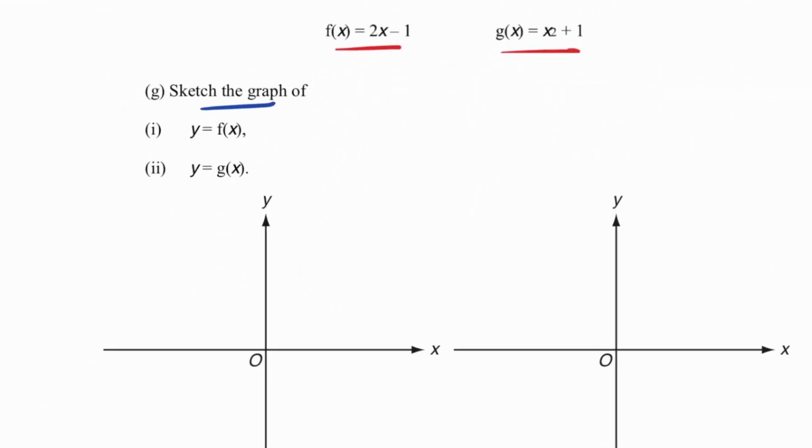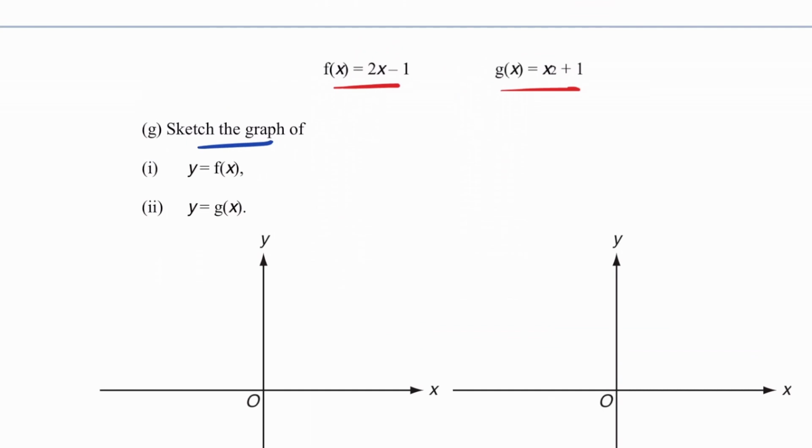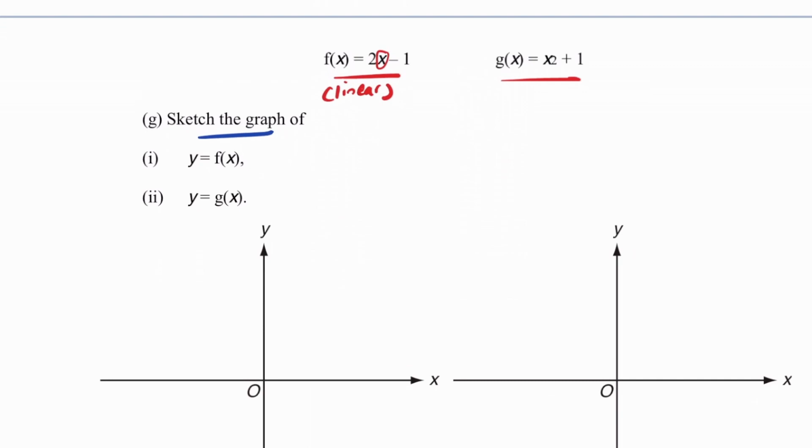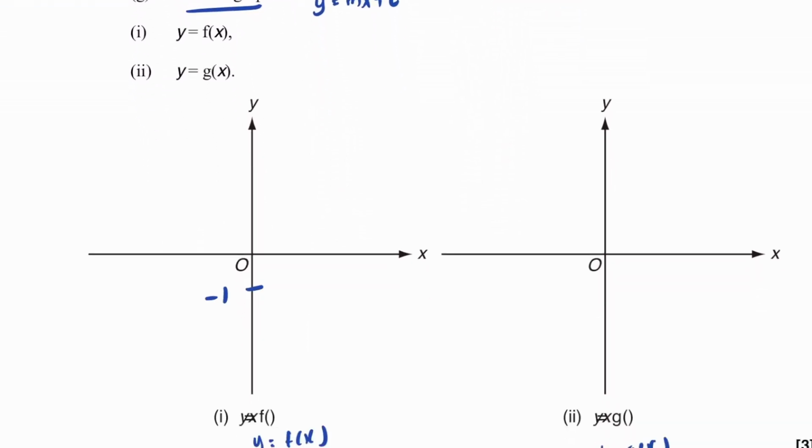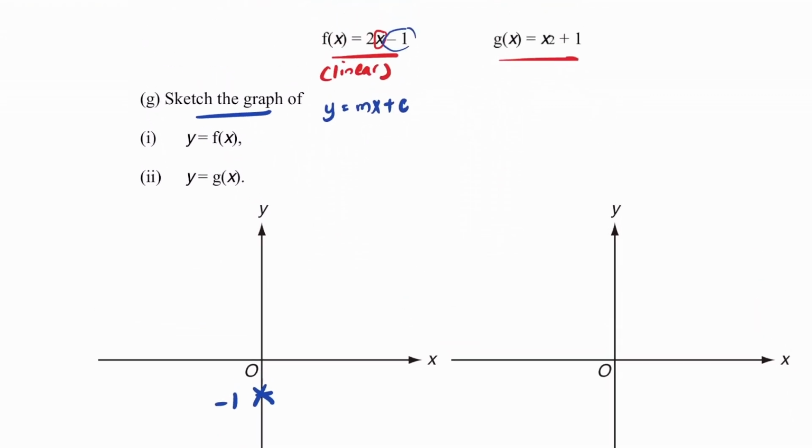You are required to sketch the graph of the function. Just a reminder, when x is to the power of 1, this is linear and it is a straight line. Relate this to the form y equals mx plus c. So the negative 1 is your y-intercept. So y is equal to minus 1 is definitely one of the points that you will cross.